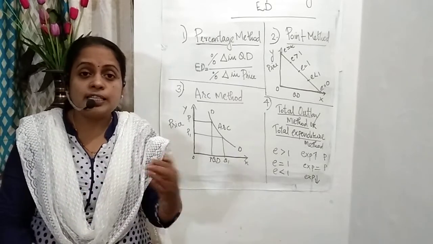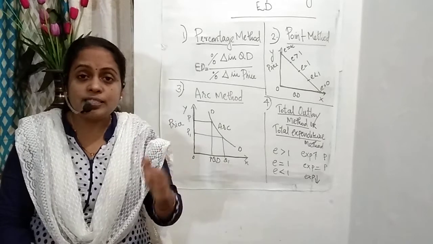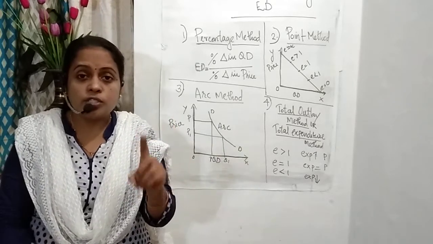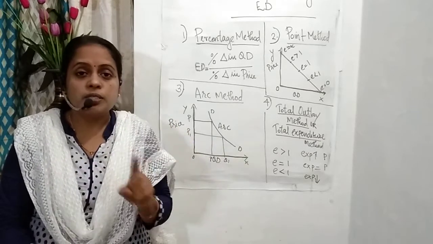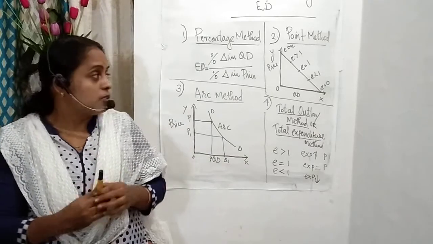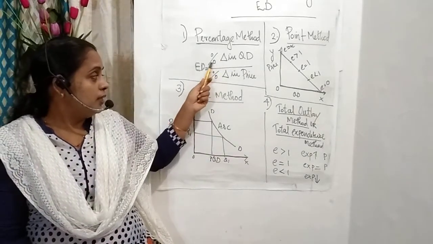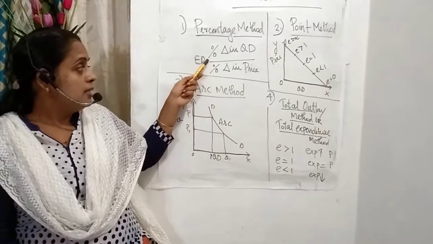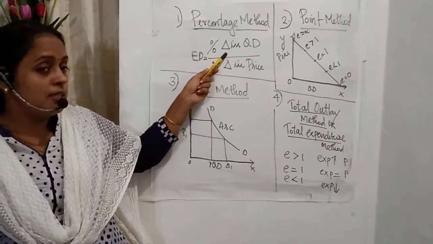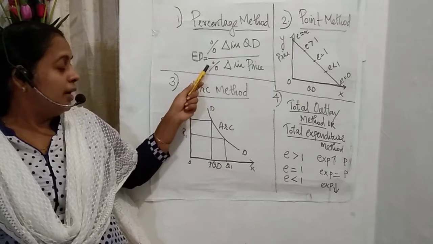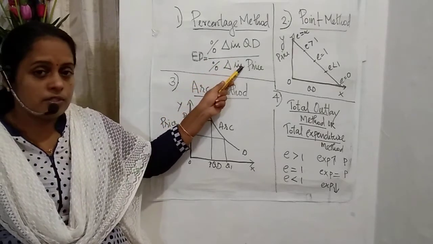Mathematically, ED is equal to percentage change in quantity demanded divided by percentage change in price, where delta means change.